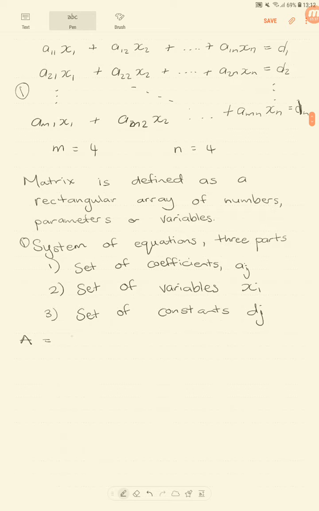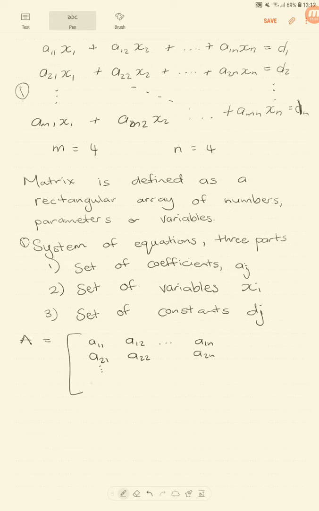A is our set of coefficients. This would be A11, A12, up to A1n. The second row would be A21, A22, up to A2n.